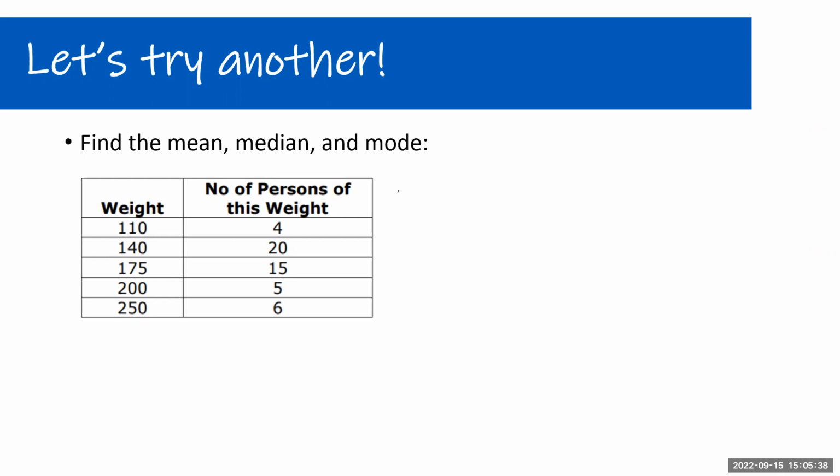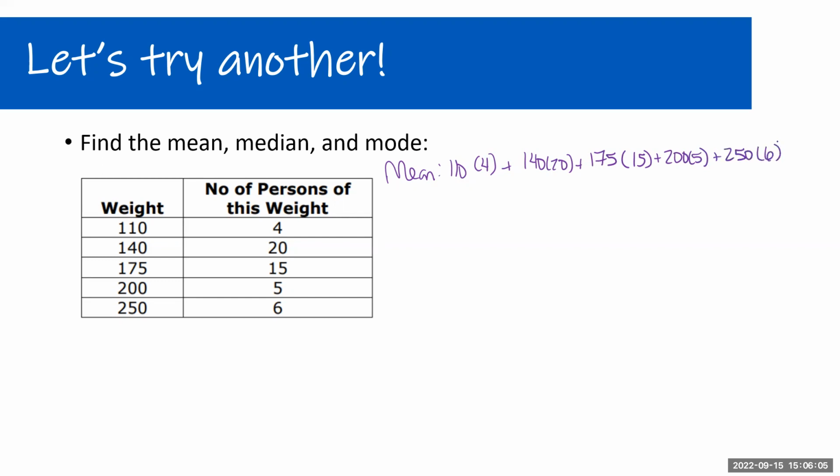Okay, let's find the mean first. So to find the mean, we're going to have 110 times 4 plus 140 times 20 plus 175 times 15 plus 200 times 5 plus 250 times 6.